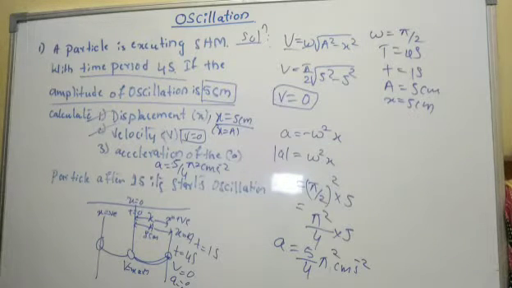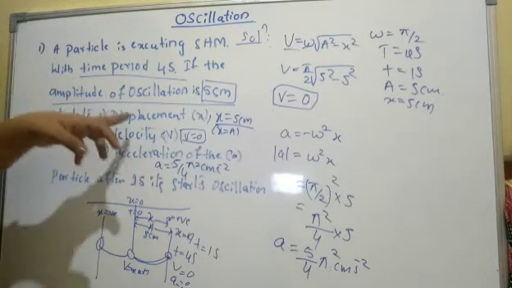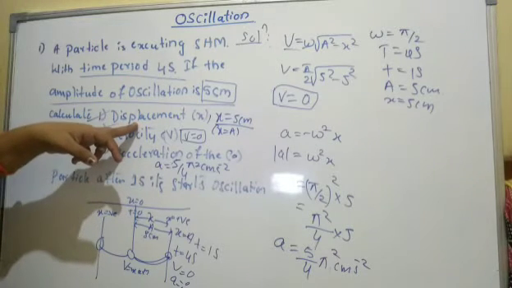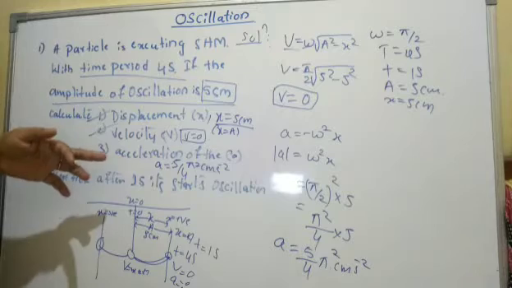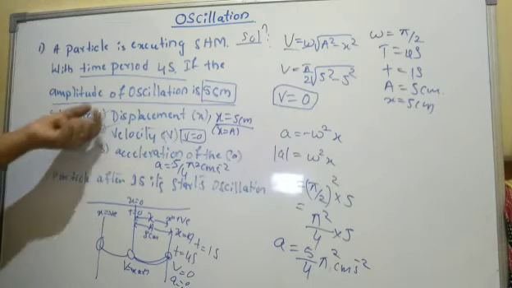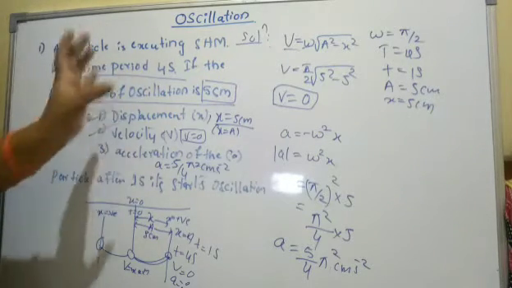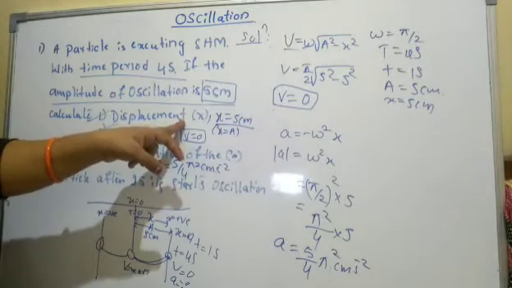It is asked in the same problem, where the particle is executing simple harmonic motion with a time period 4 seconds. If the amplitude of oscillation is 5 centimeters, obviously they may not ask displacement. Sometimes they may ask the displacement. So without wasting time, you can just clarify amplitude is equal to displacement here.